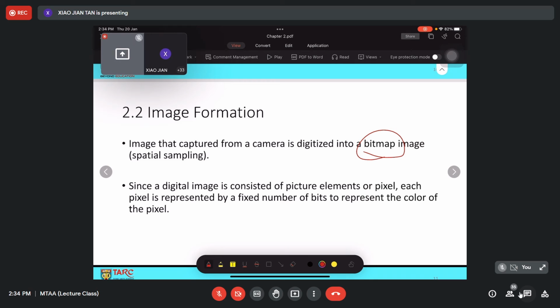A digital image consists of picture elements, or pixels, and each pixel is represented by a fixed number of bits to represent the color of that pixel. Bits have a close connection to bytes, and bytes to size. So the higher the number of bits, the higher the bytes, the higher the size.